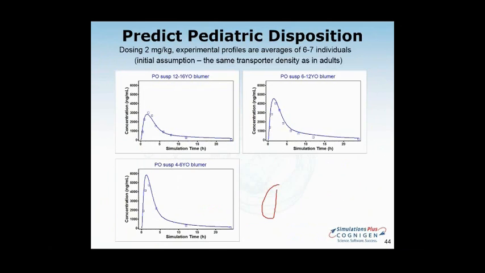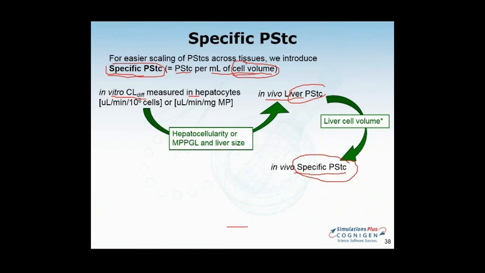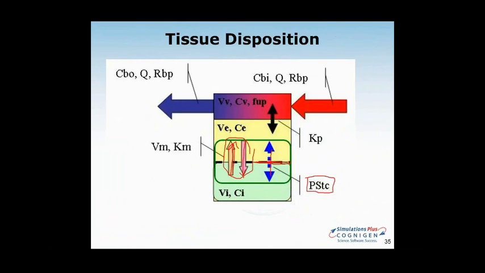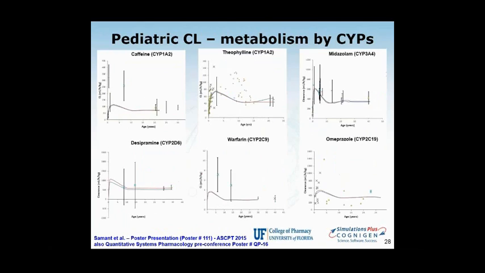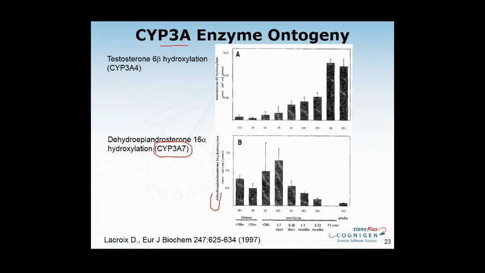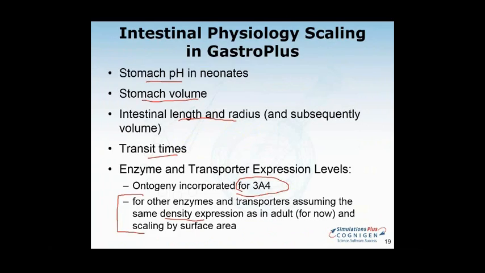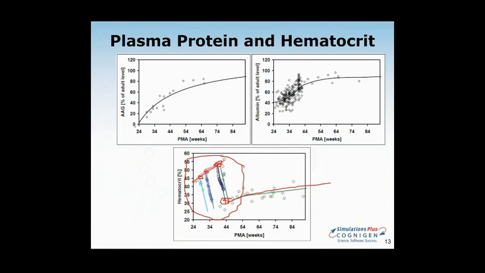We did look at the, and let me go back to that slide. We were trying to look at both major proteins, the albumin and alpha acid glycoprotein, but it seems like the rate of ontogeny of those 2 proteins is fairly similar.